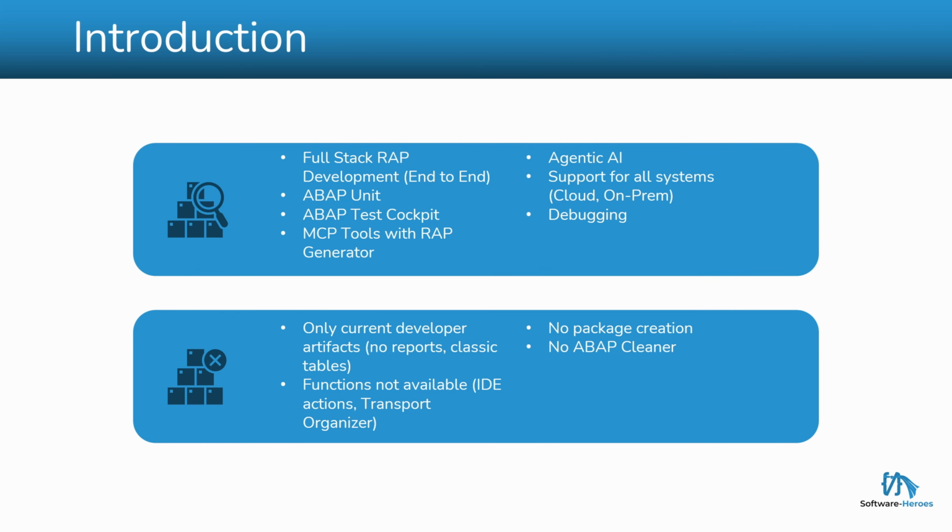All lifecycle components are present, such as unit testing, the ABAP test cockpit, and everything we need for AI. This includes, for example, the MCP server, which also contains the RAP generator, as well as tools for activating and executing unit tests. Agentic AI was implemented using Copilot, a standard plugin for Visual Studio Code. Support for all systems, whether cloud or on-premise, is possible from release 7.31 onwards.